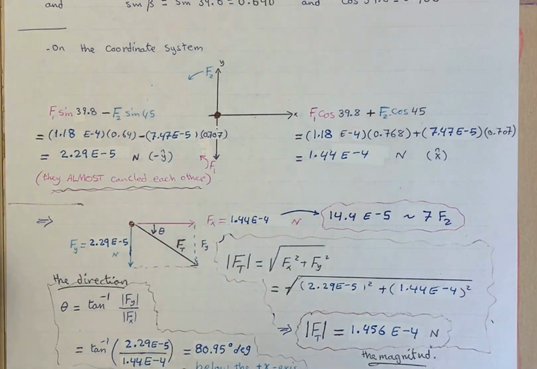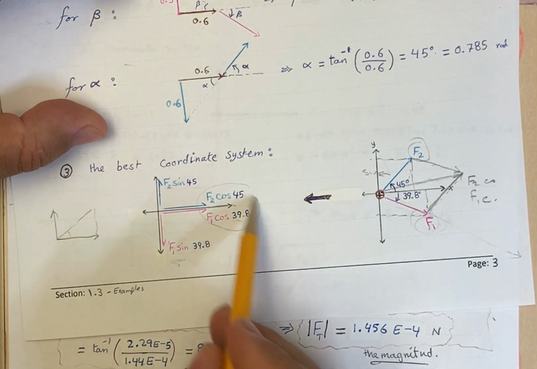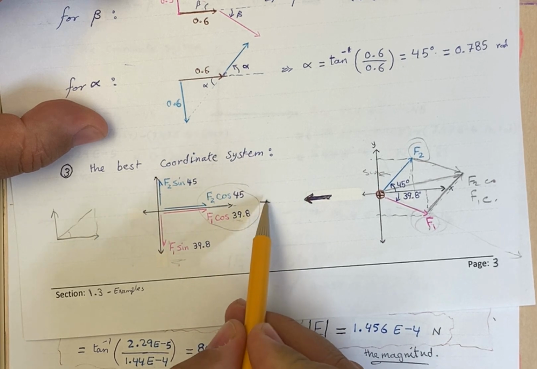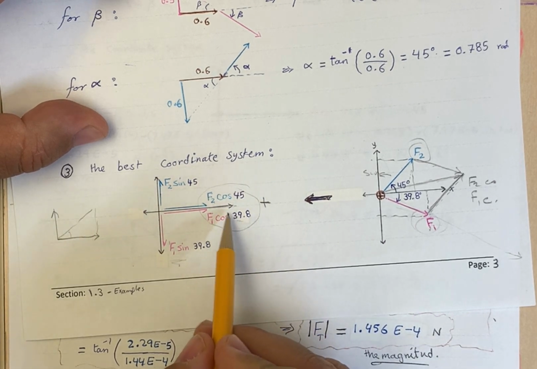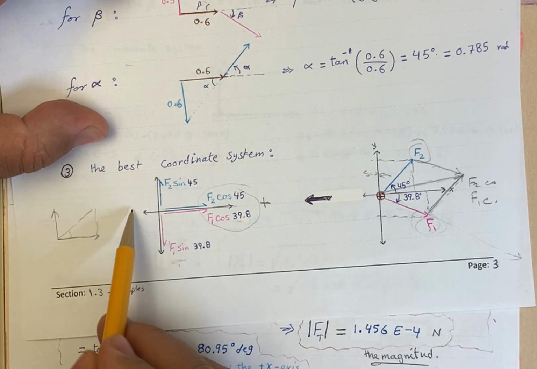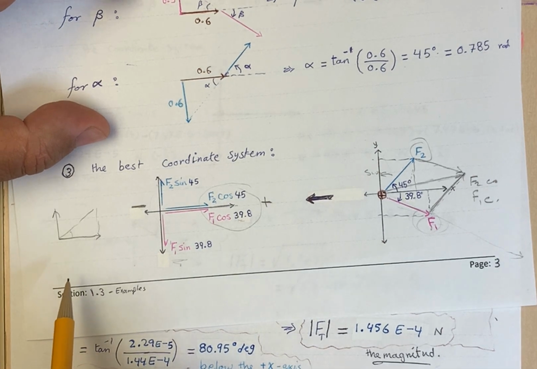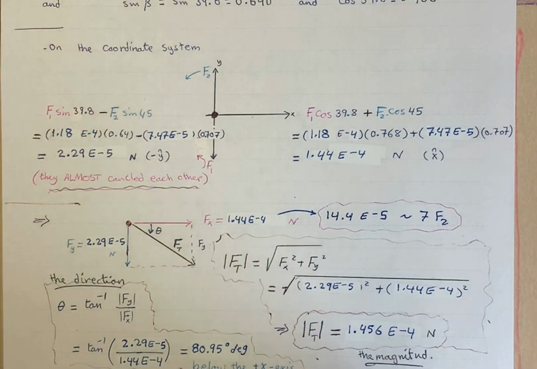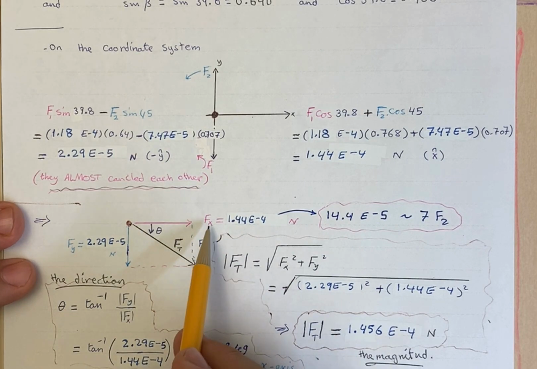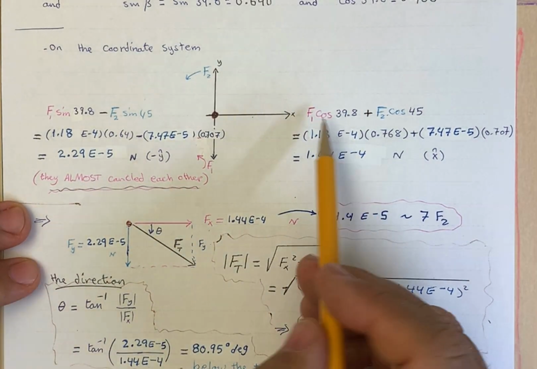Now for all the components, for those on the x-axis, we need to add them together because both are in the same direction. But for the y components, they are in opposite directions, so we need to subtract them. For the x component, we just add the first one and the second one.